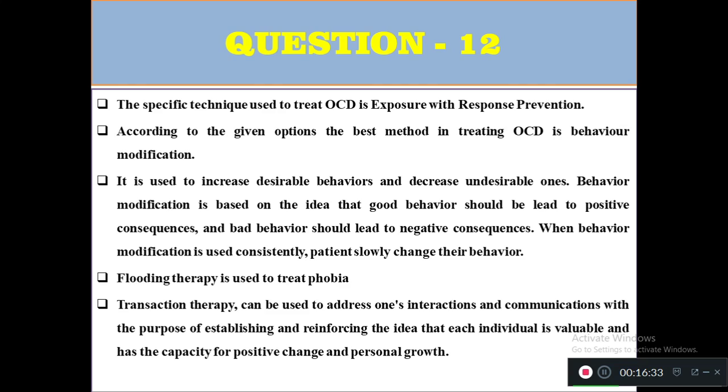When behavior modification is used consistently, patients slowly change their behavior. Flooding therapy is used to treat phobia. Transaction therapy can be used to address one's interactions and communication with the purpose of establishing and reinforcing the idea that each individual is valuable and has the capacity for positive change and personal growth.